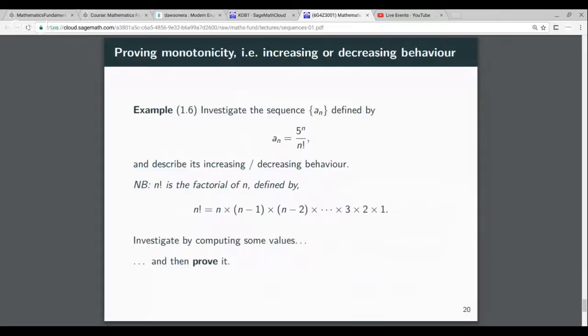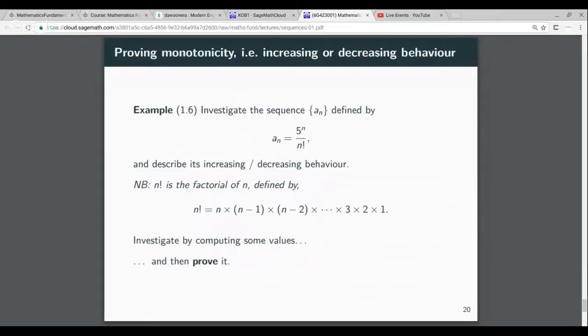So let's try and do the quotient method here. So we'll examine the ratio a_{n+1} divided by the term that came before it, a_n. And you see, we're not talking about one particular term in the sequence, we're talking about a general term. So we're simultaneously here talking about this quotient throughout the whole sequence.